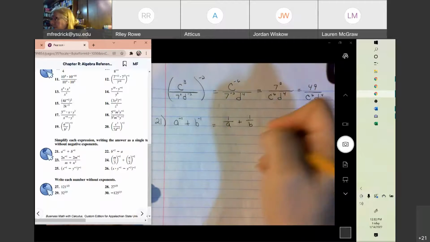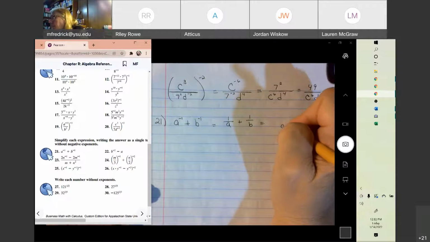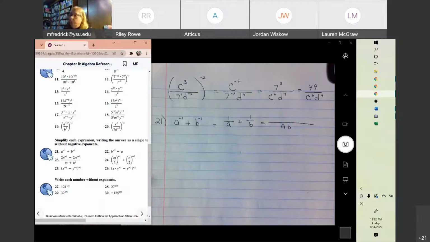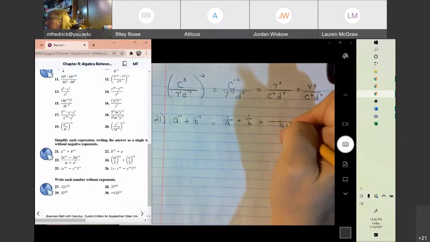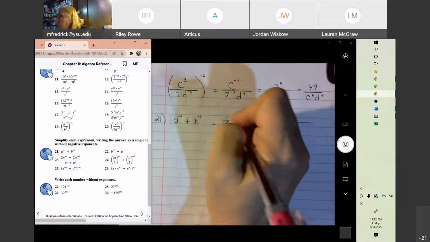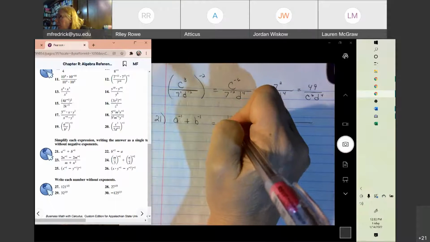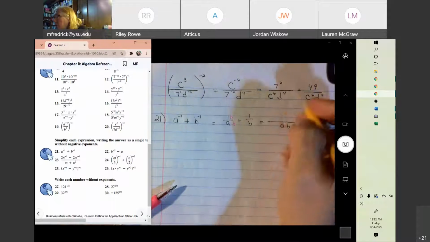Our common denominator, we take both a and b. Just like we took both quantities, you take both variables, whatever's in the denominator. So our common denominator would be ab. For the first one, we have an a, we need to multiply by b over b, which gives us 1b.